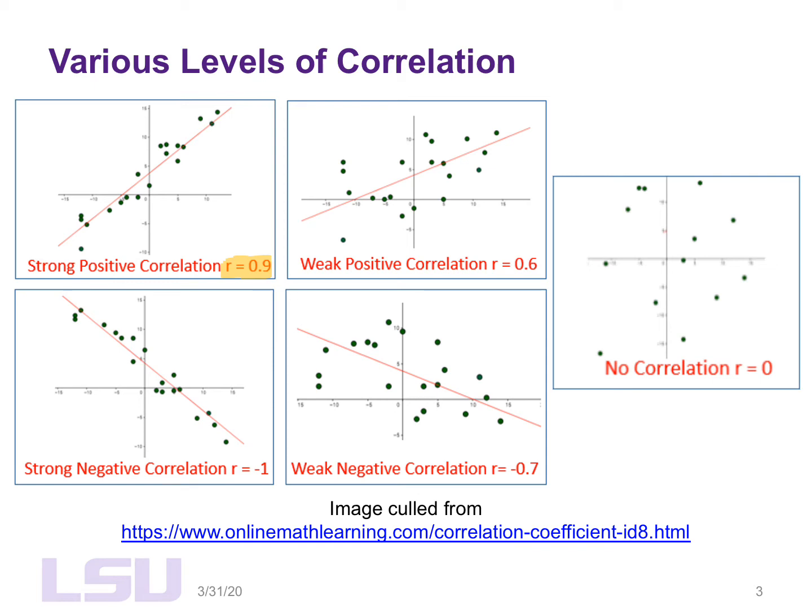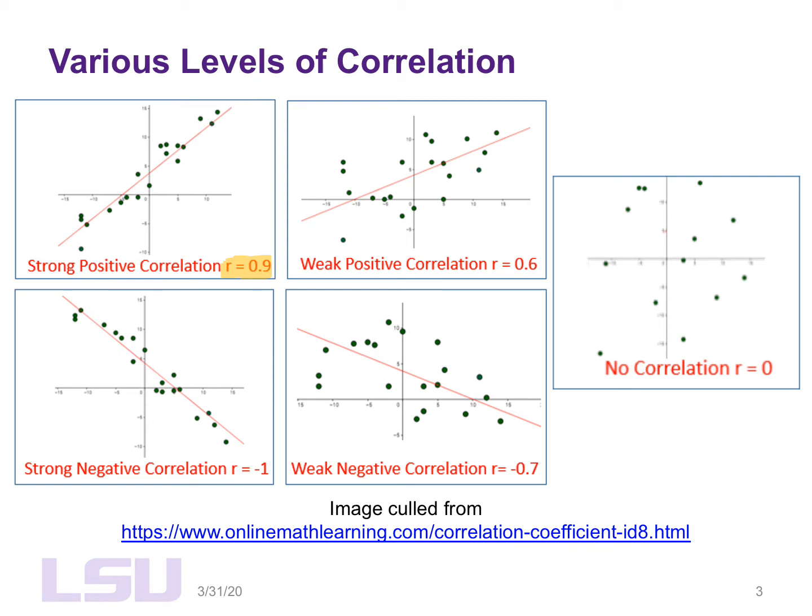The maximum R can be is 1. So 1 will be perfect correlation. And so here you have a strong correlation, almost perfect, and the data points are very close to the linear regression line.